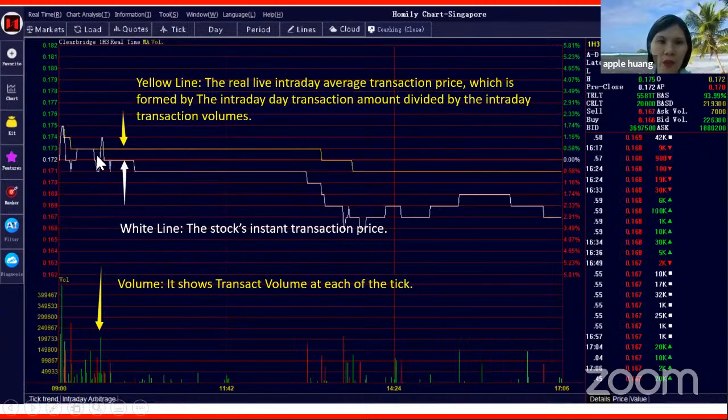So the actual trade amount divided by the actual trade volume. You can consider it as the average trade price.